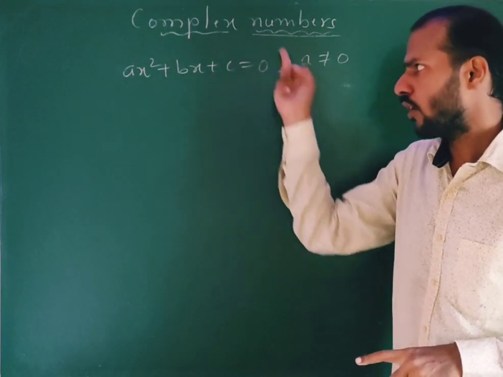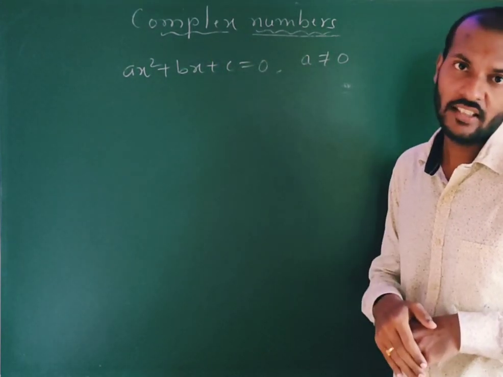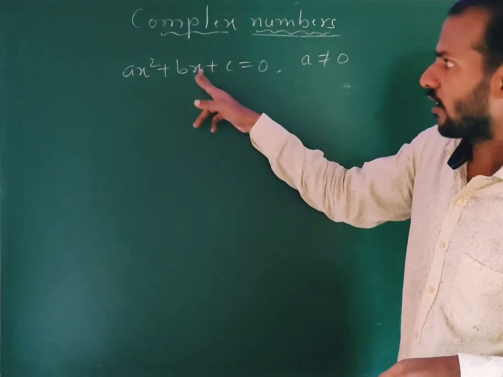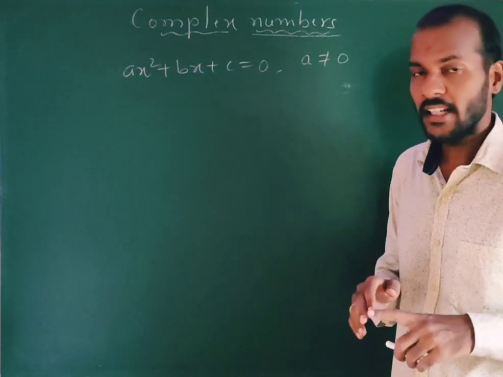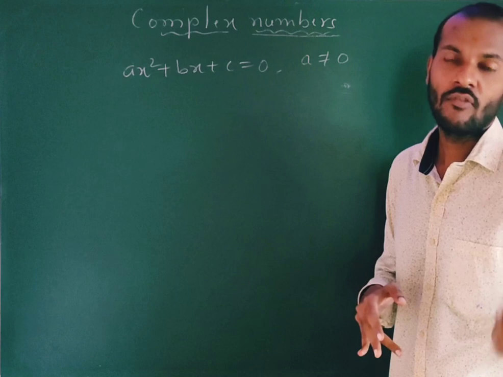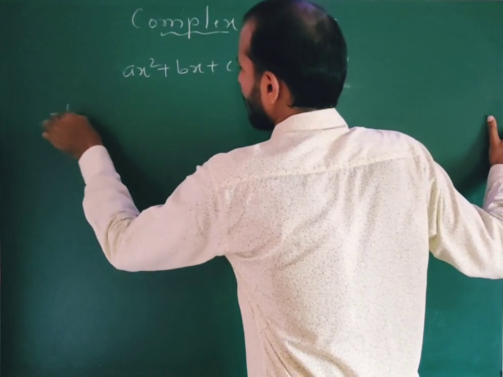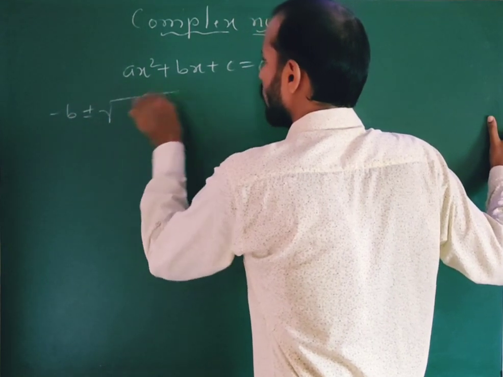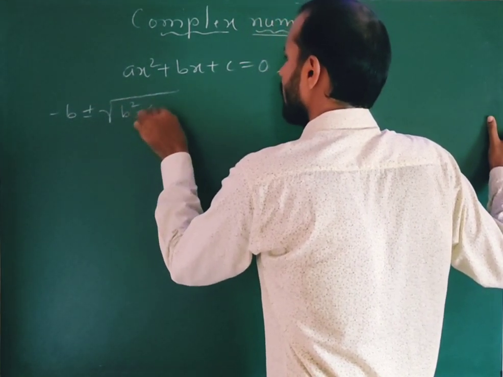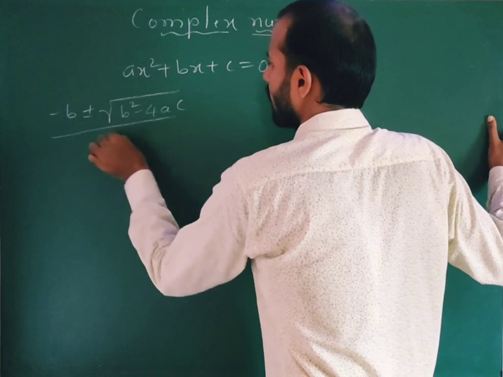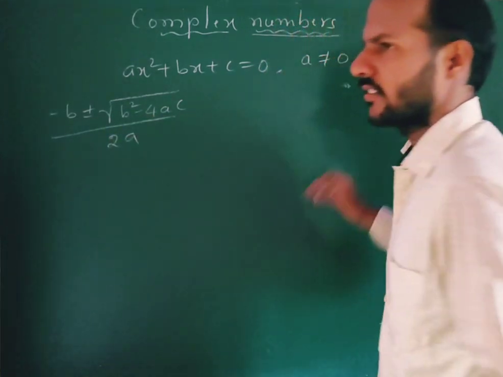To solve a quadratic equation by root formula, what is the root formula here? Minus b plus or minus under root of b square minus 4ac whole divided by 2a.